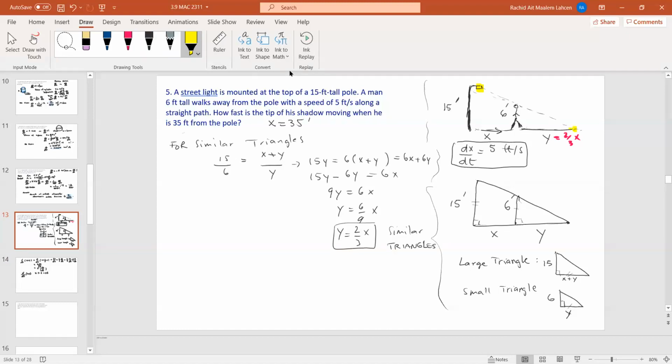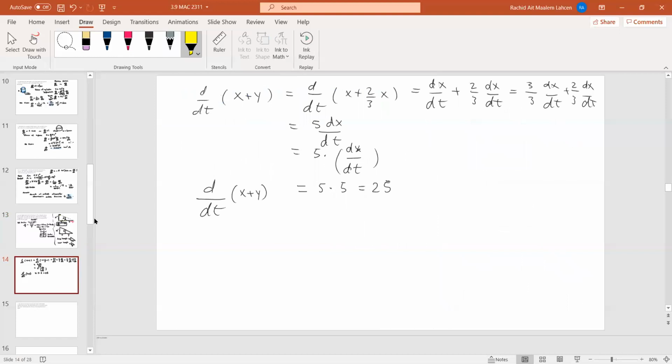But this point happens to be x and y added together. So that's why we differentiate x plus y, but we don't know y, so we found it in terms of x. And that collectively gave us something that has the dx/dt that we know. We substitute that, and that gives us feet per second. But there is something here I missed, this 5/3.